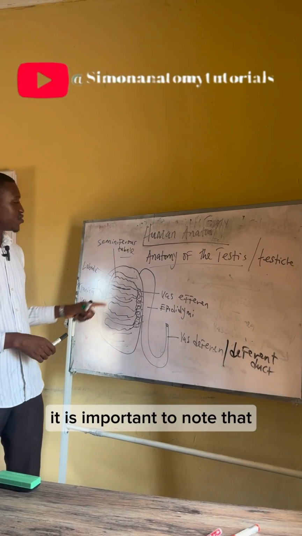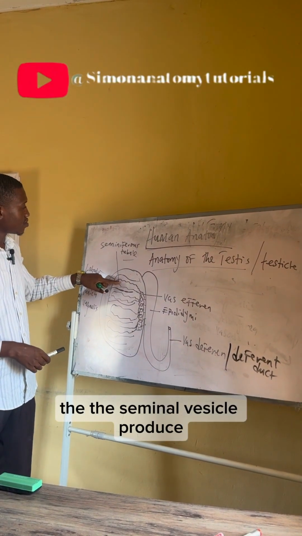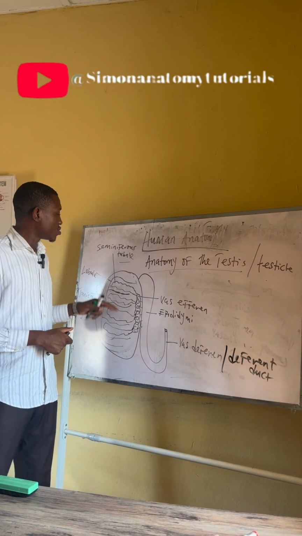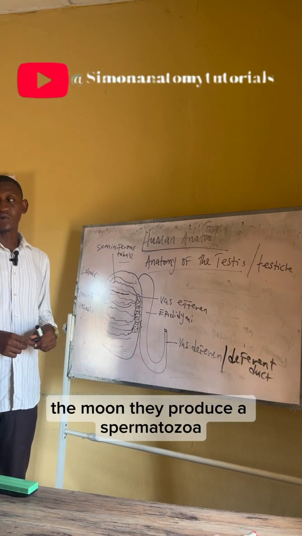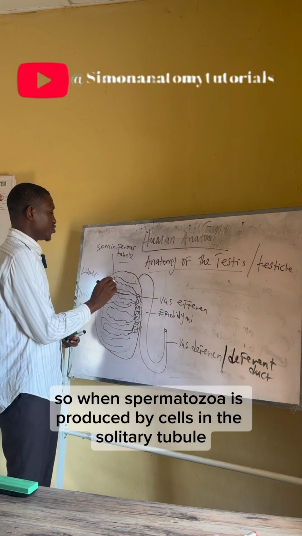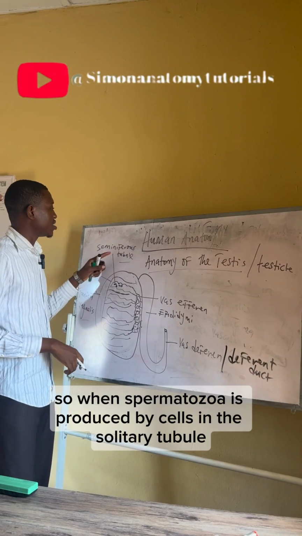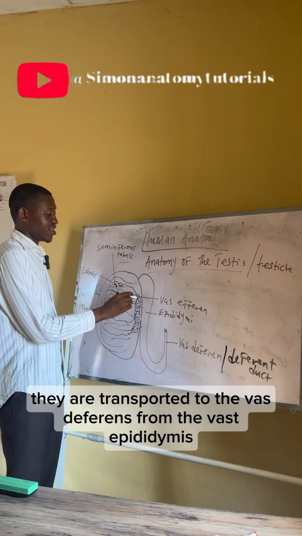It is important to note that the seminiferous tubules produce spermatozoa. So when spermatozoa are produced by cells in the seminiferous tubule, they are transported to the vas efferens.